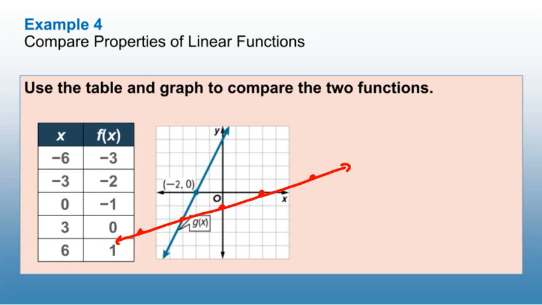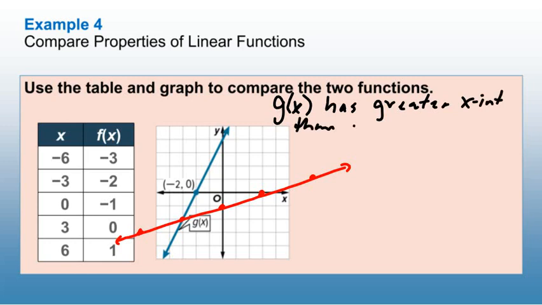So we could say g of x has greater x-intercept than g of x. Actually, no, f of x, sorry. So f of x is bigger than g of x. So this red one is f of x.